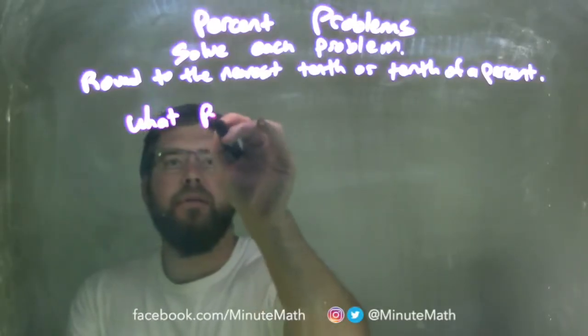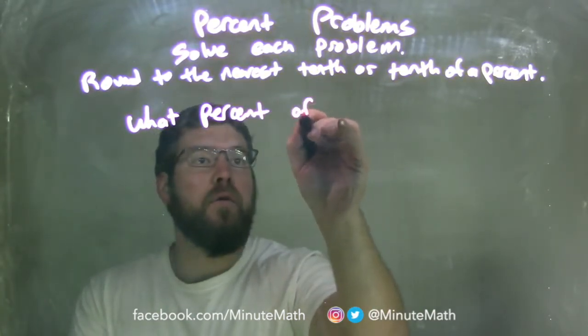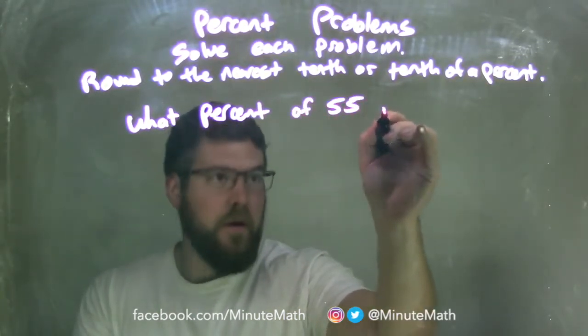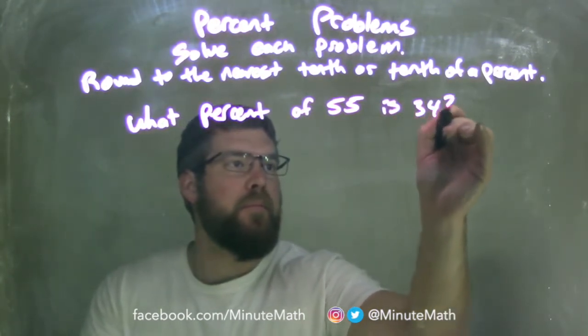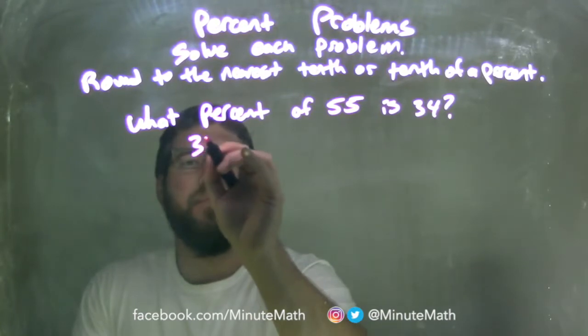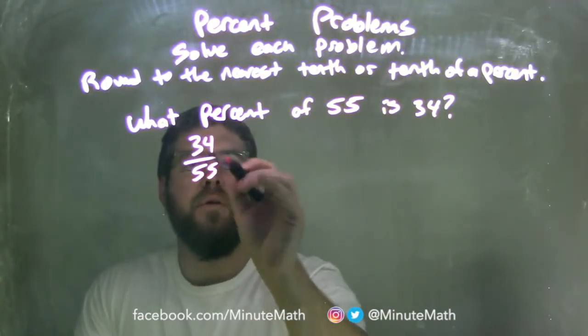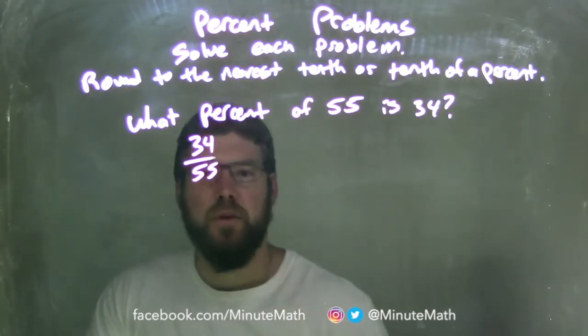What percent of 55 is 34? Well, I want to take that number 34, the last one, and divide by the first number, 55. So what percent of 55 is 34?